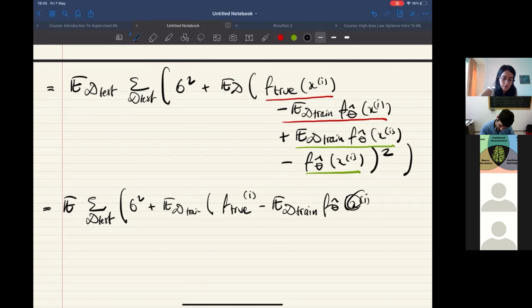Sorry, and I will use the same notation. This squared plus I have another square, which is this.